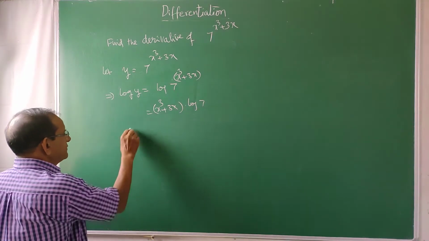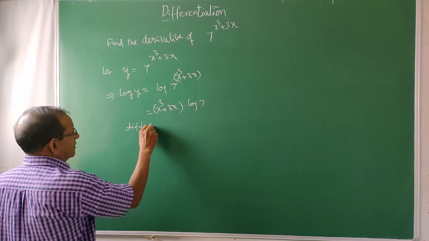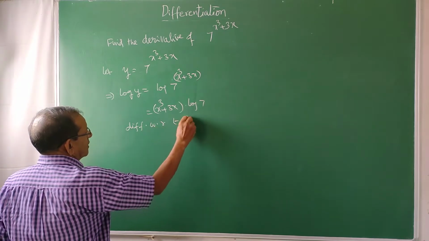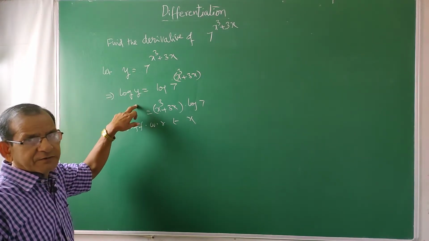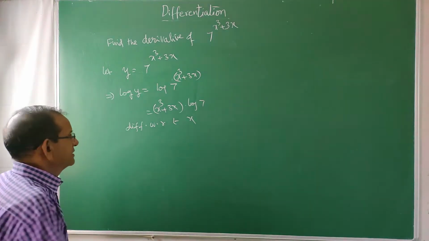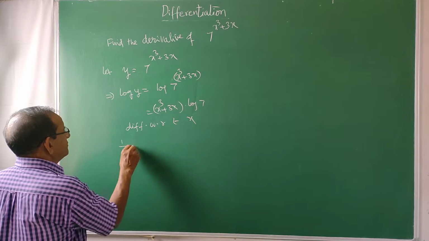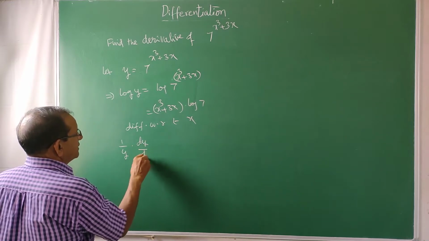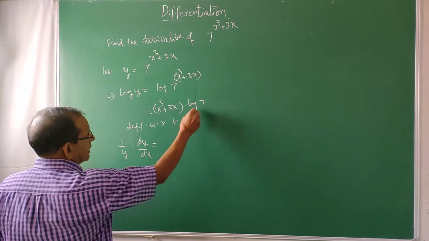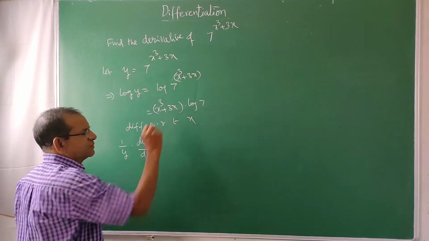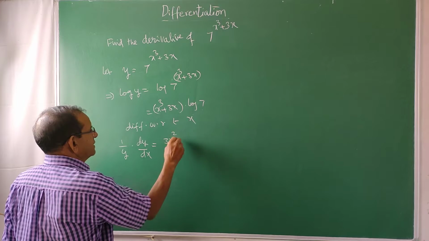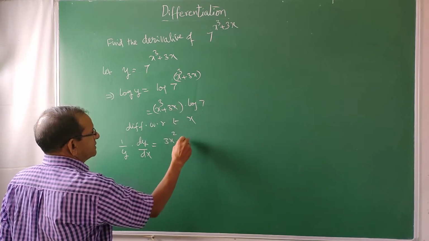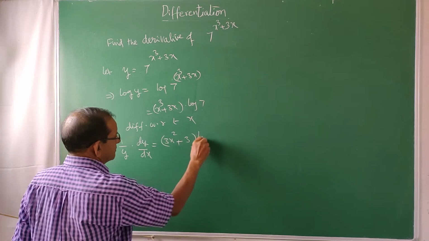Now, differentiate with respect to x. Here log y is there, not y. So log y derivative is 1 by y into dy by dx. So 1 by y into dy by dx is equal to, log 7 is constant, so you have to differentiate only x cube plus 3x. X cube derivative is 3x square and 3x derivative is 3, into log 7.